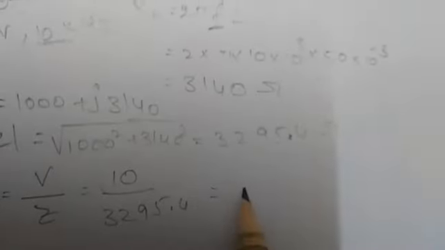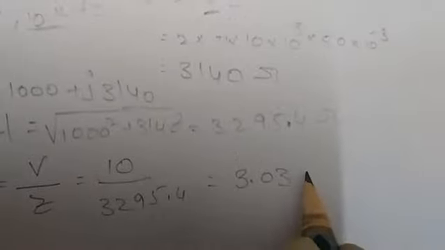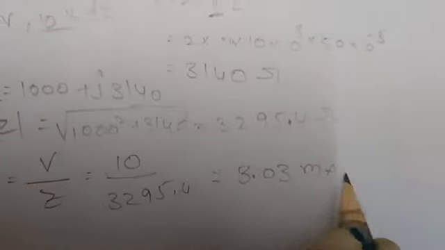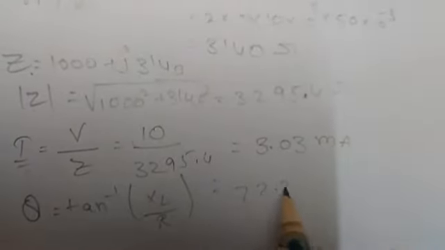If I calculate this, it will be around 3.03 milliamperes. This is the magnitude of current. To calculate the phase of your current, tan inverse of XL by R, it will be around 72.33 degrees.